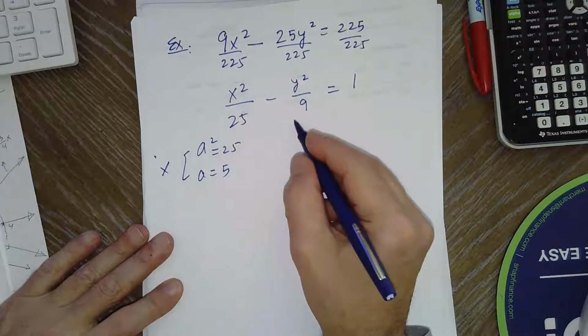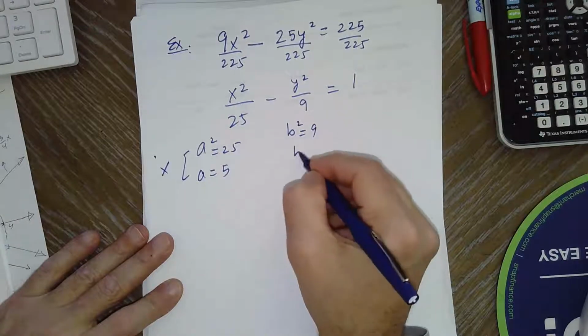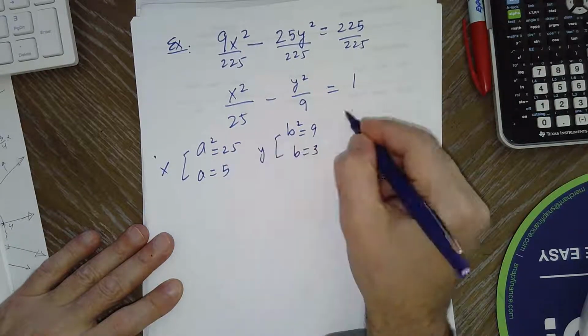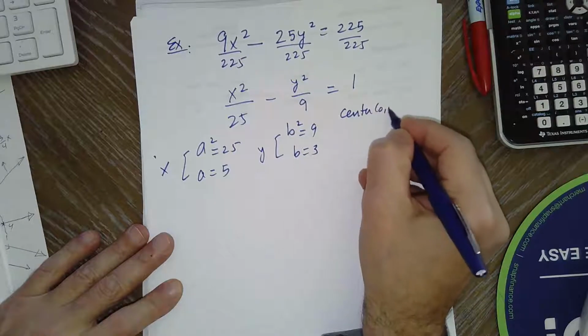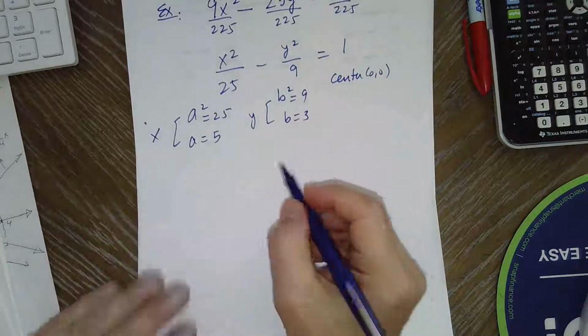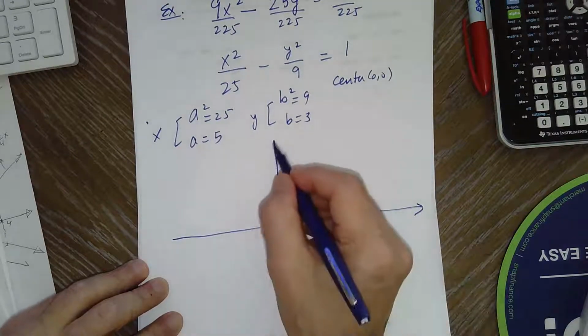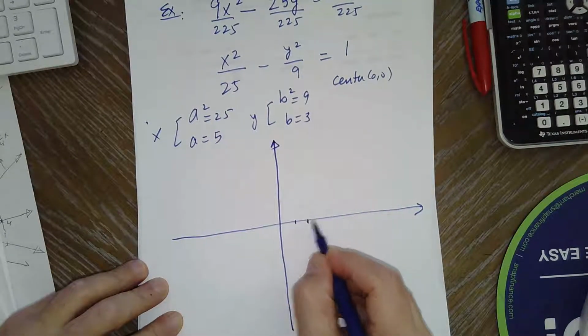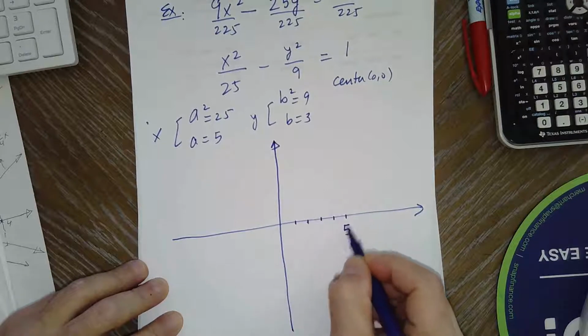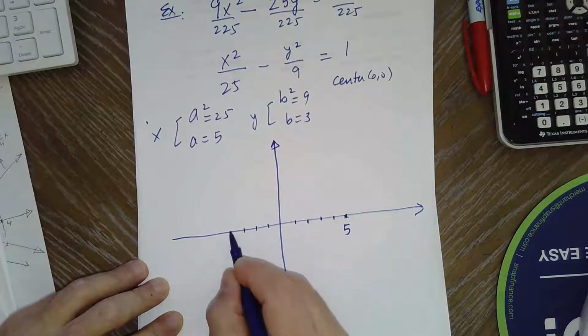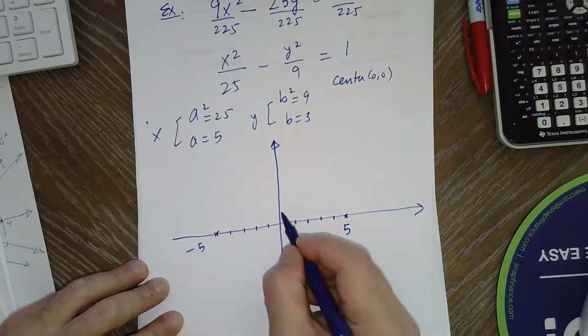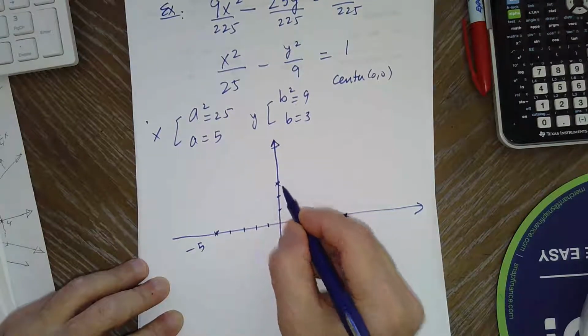So that's an x. b squared is 9. b is 3. That's the y value. And again, center is at 0, 0. No h, no k. So we go 5 units sideways from the center. And then 3 units vertical from the center.